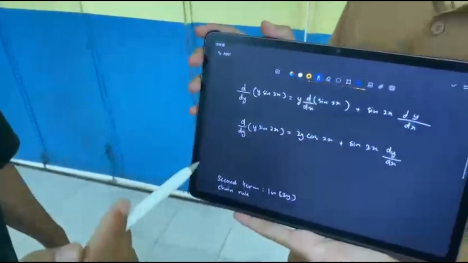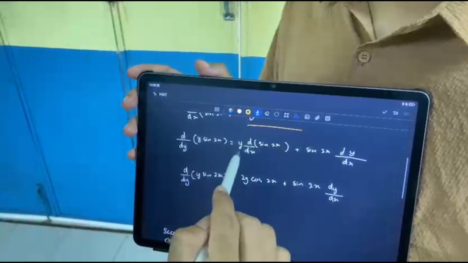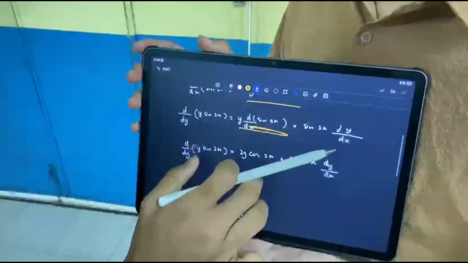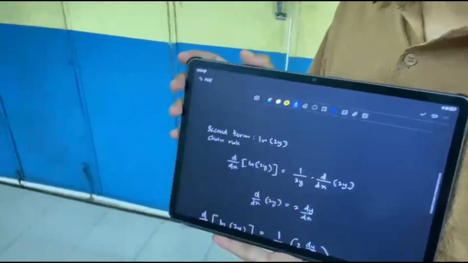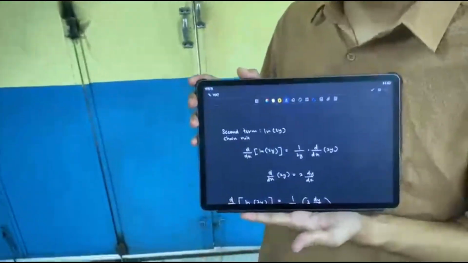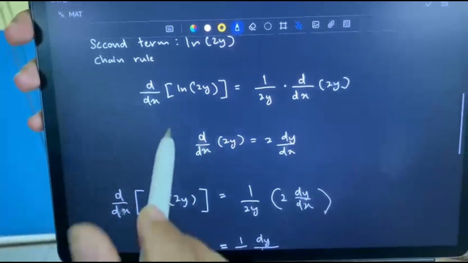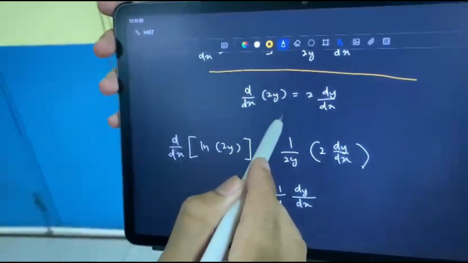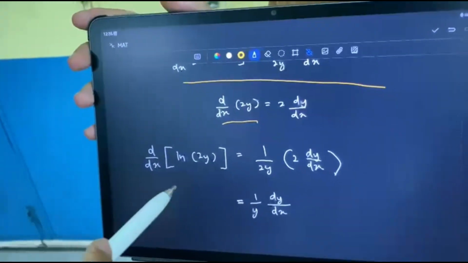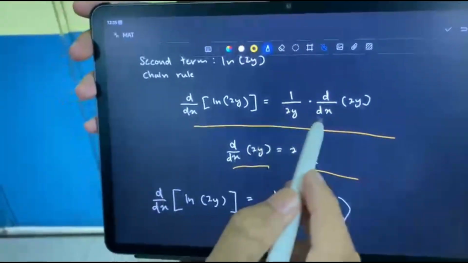So using the equation up there, we need to swap this equation into this one. So the second is we need to differentiate ln 2y by using the same method, which is the chain rule. This is the formula. So we know that d over dx of 2y equals 2 dy over dx. So insert by using the formula.